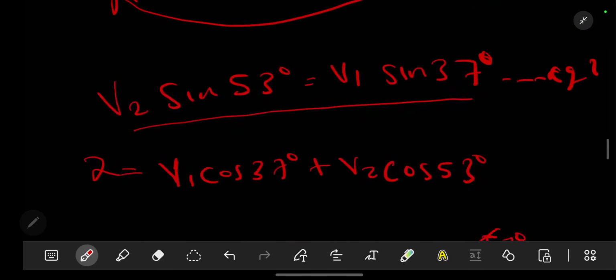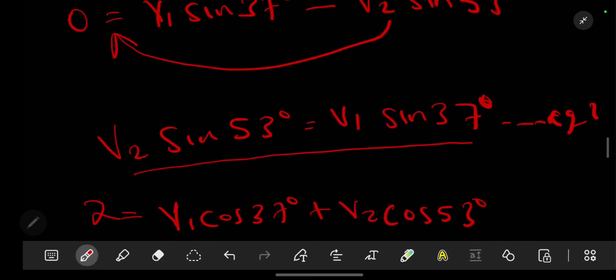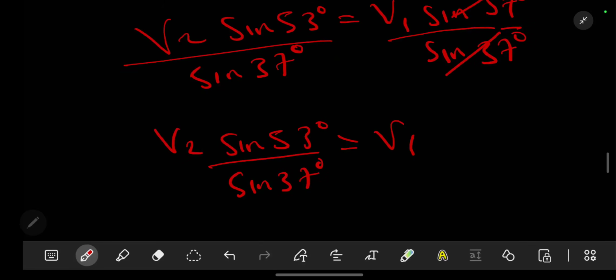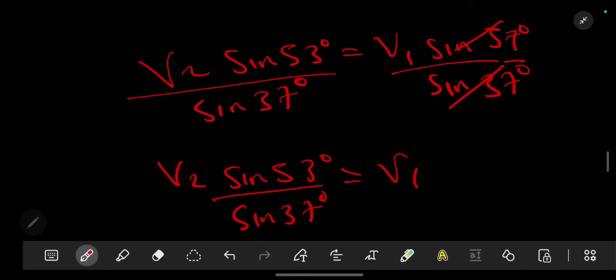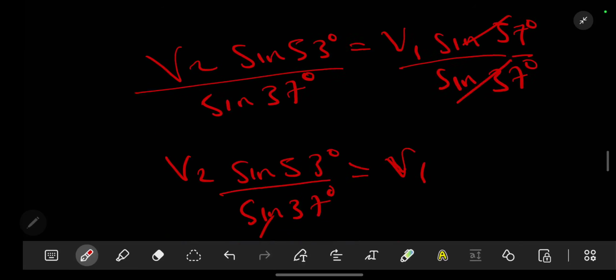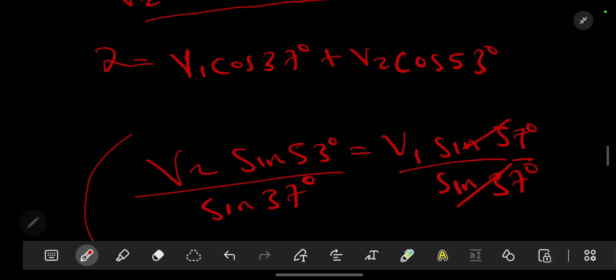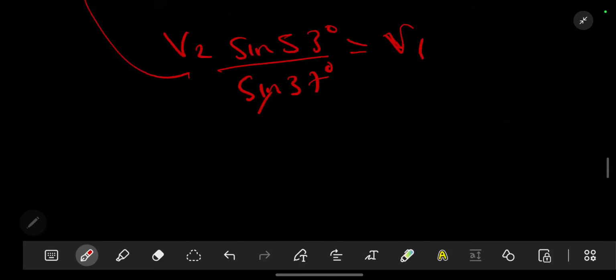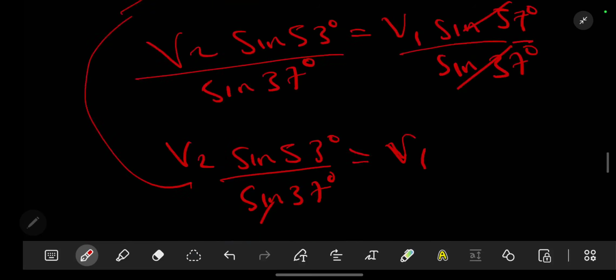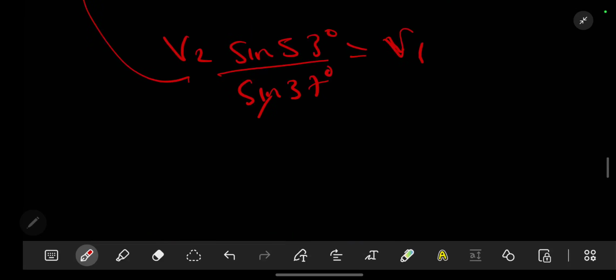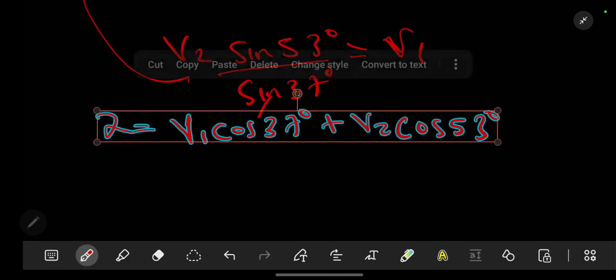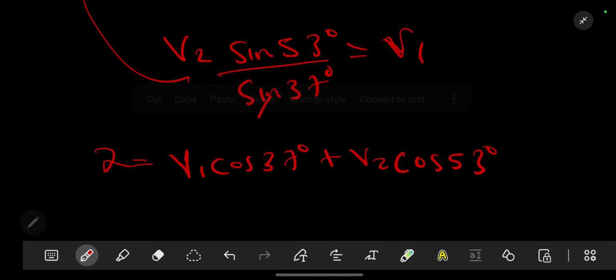Then, if v1 is equal to this, you get the value of v1 and replace it in this other equation, since you are saying that v1 is equal to that.